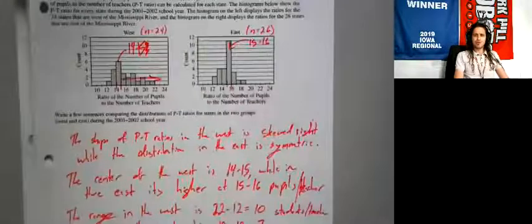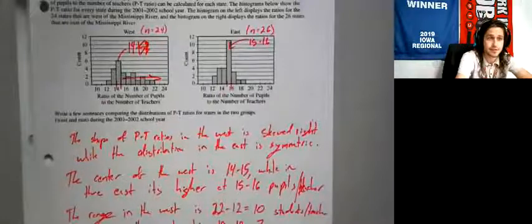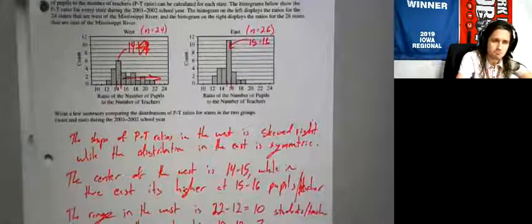If you had to move, what's an advantage of being in the West? What's an advantage of being in the East? Things to consider. What is an advantage of being in the West? Potentially lower class sizes. There's more classes that are 12, 13, 14, it looks like.